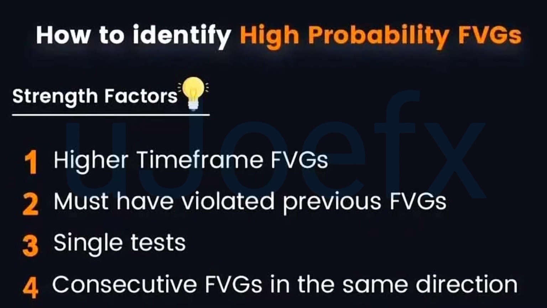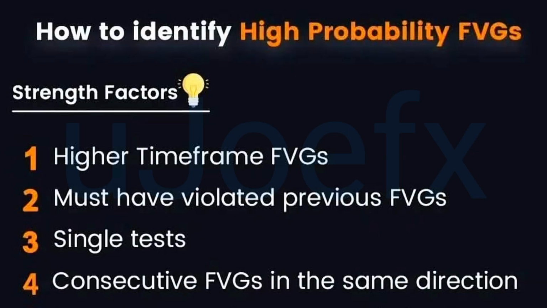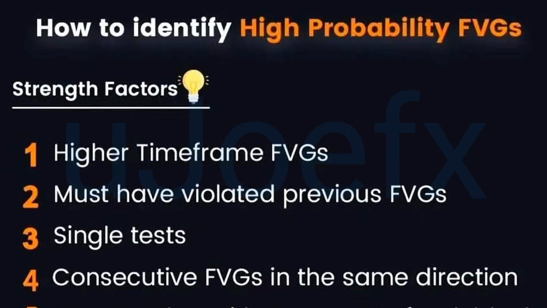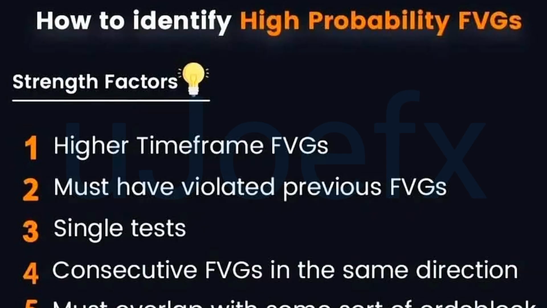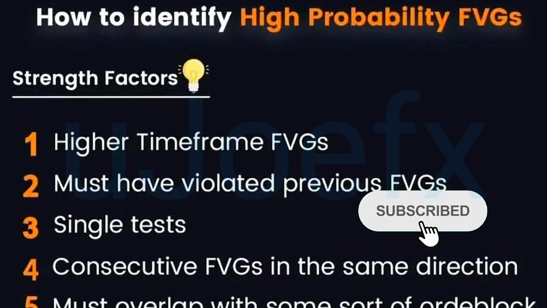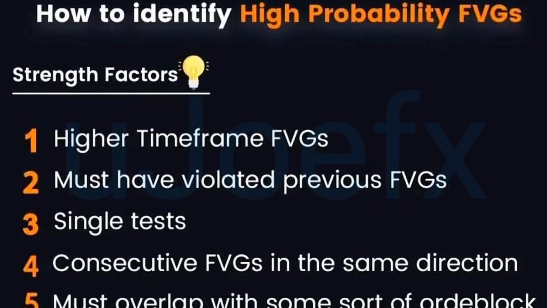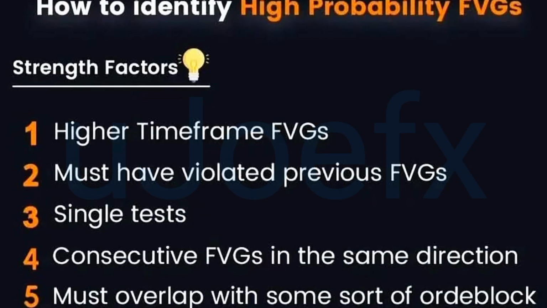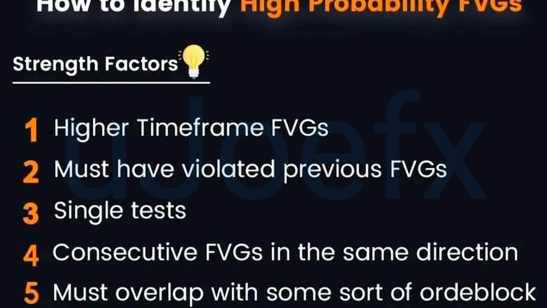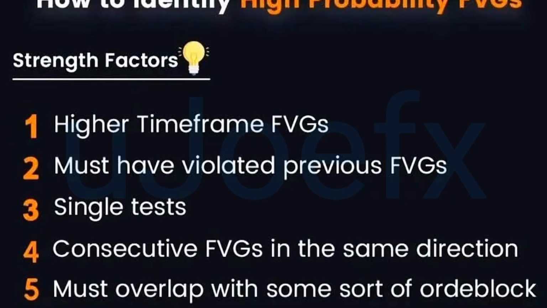Now let's look at how to identify high probability fair value gap. One is a higher time frame fair value gap. You have to spot this in a higher time frame, and then go to a lower time frame for execution. It must also have violated a previous fair value gap.